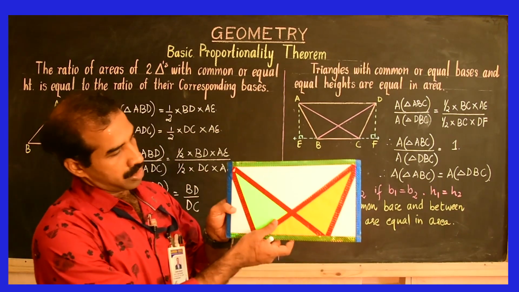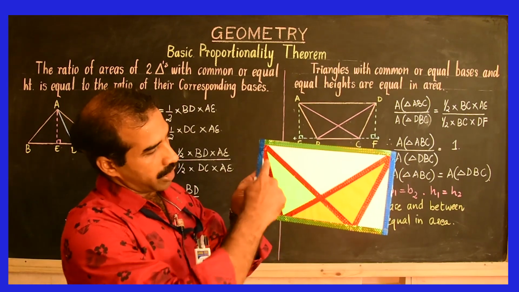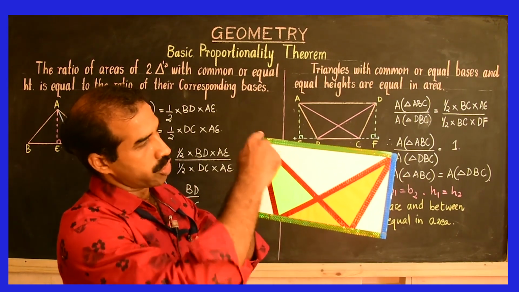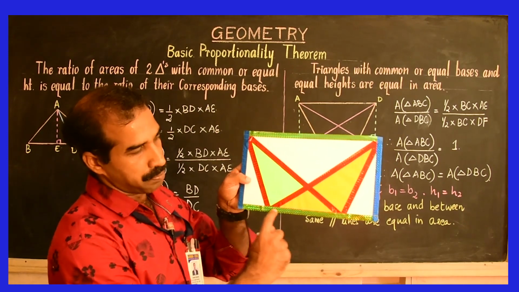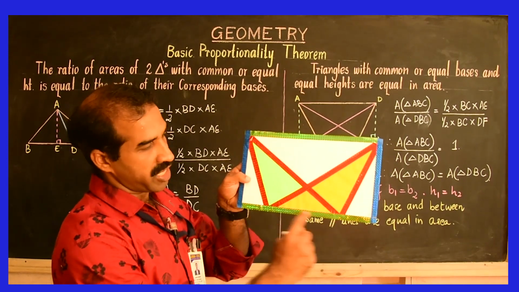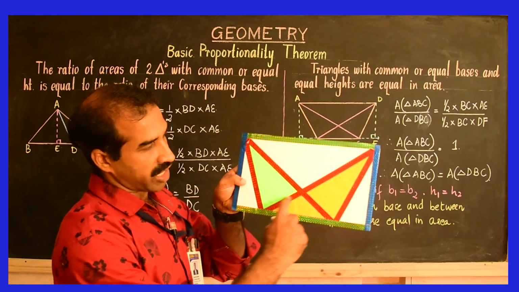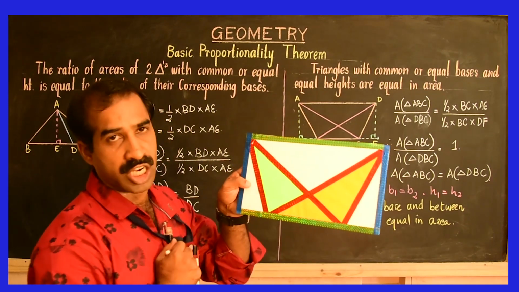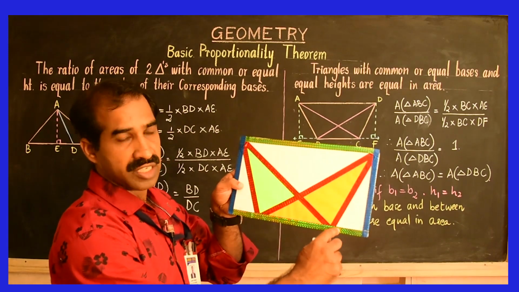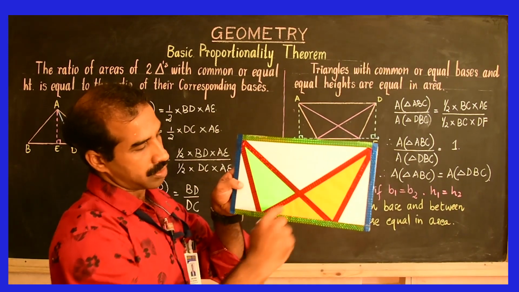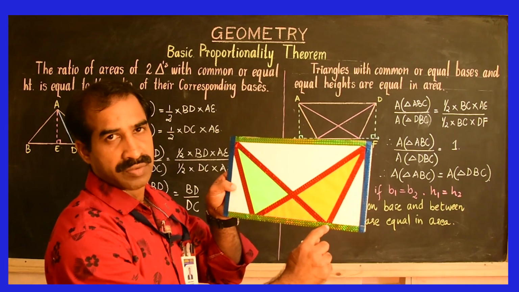Here this shows triangle ABC, the top one is vertex A, this is base BC, vertex B and vertex C, and the second triangle, shown with the orange shaded part, is triangle DBC. D is the top vertex and the base is BC.